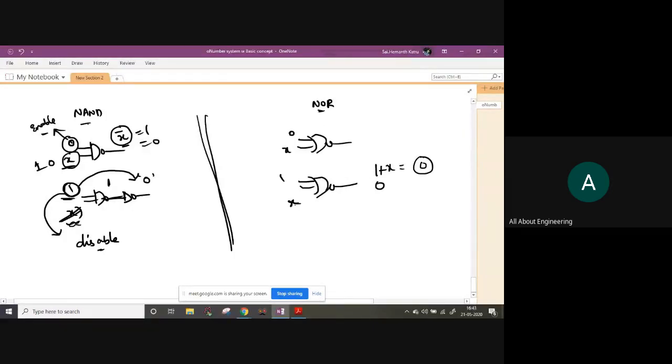So irrespective of other input, if one input is 1, then output is always 0. Hence, 1 is called as disable input for NOR gate. And similarly, 0 plus x is x and the output will be complement of that. So if one input is 0, then output is getting accessed with the other input. Hence 0 is called as enable input for NOR gate.